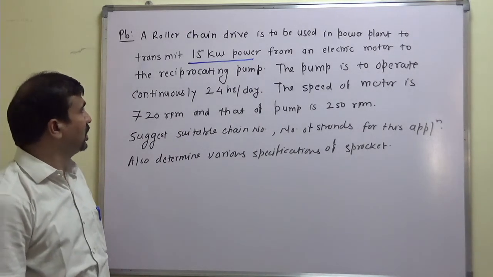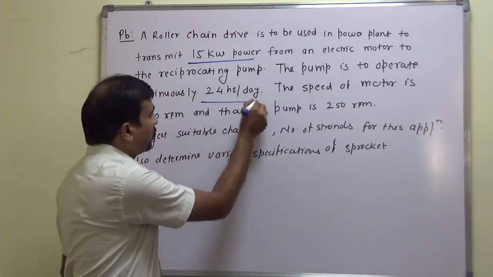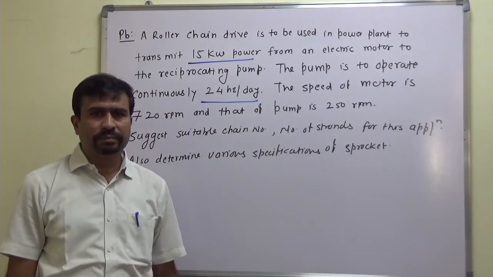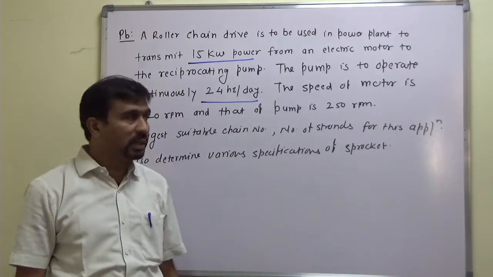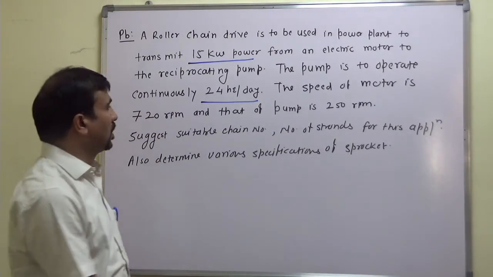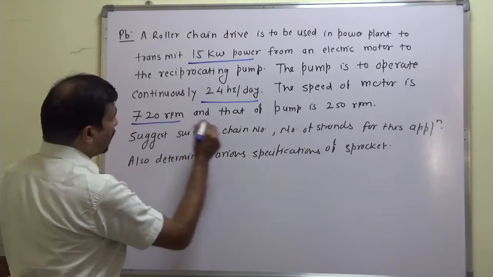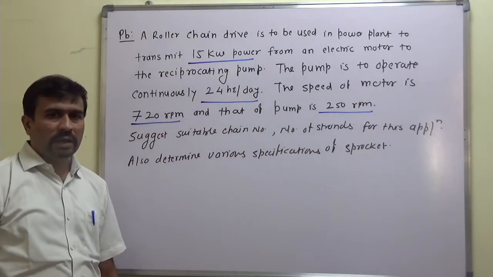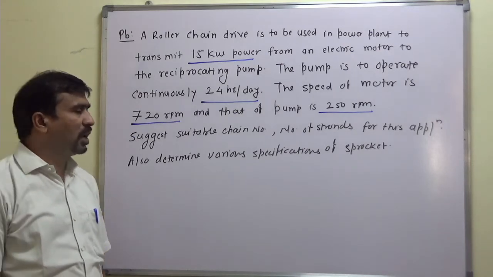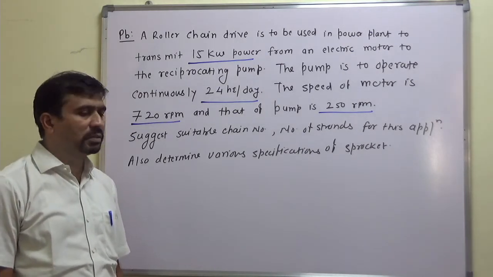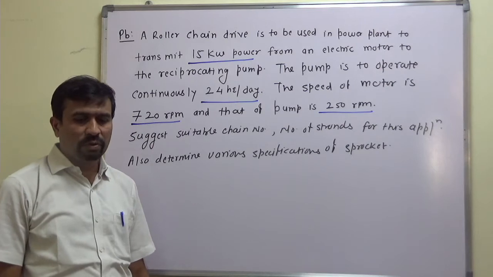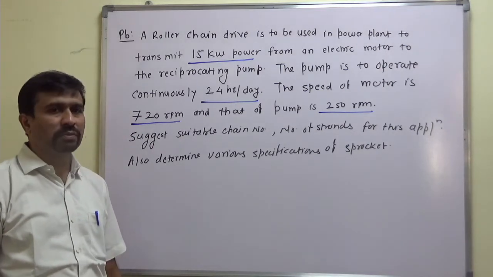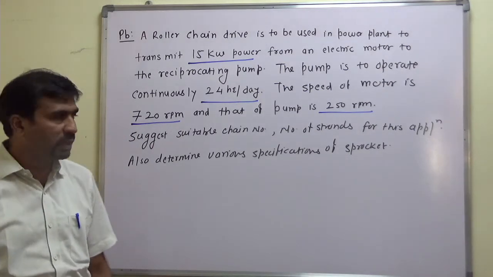Then another one is type of service condition, that is 24 hours a day continuous duty. Then speed of motor and speed of pump. Other constraints or restrictions are not given, that is center distance, then maximum permissible bore. Nothing is given about the shaft diameter, so we don't have to worry about it also.